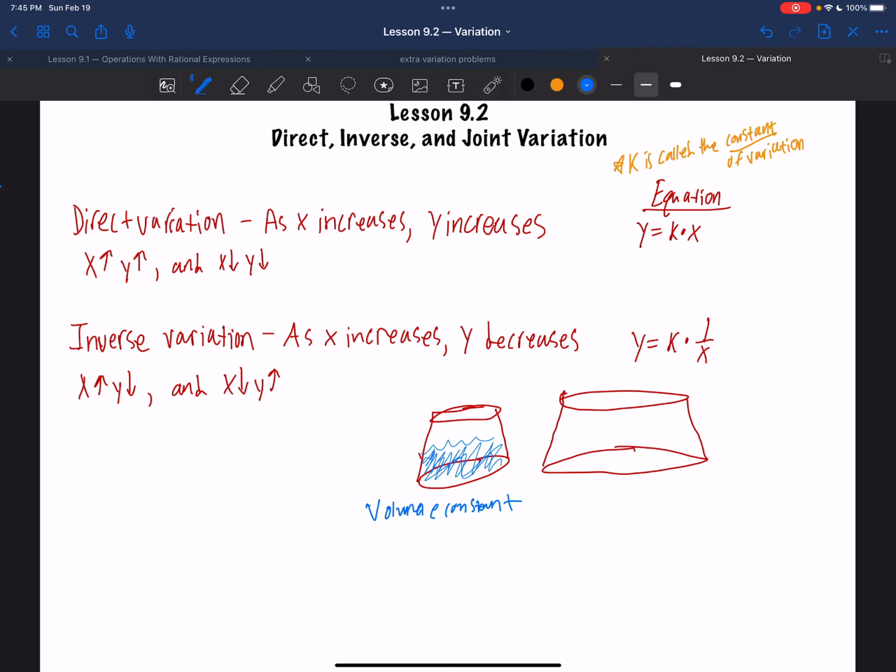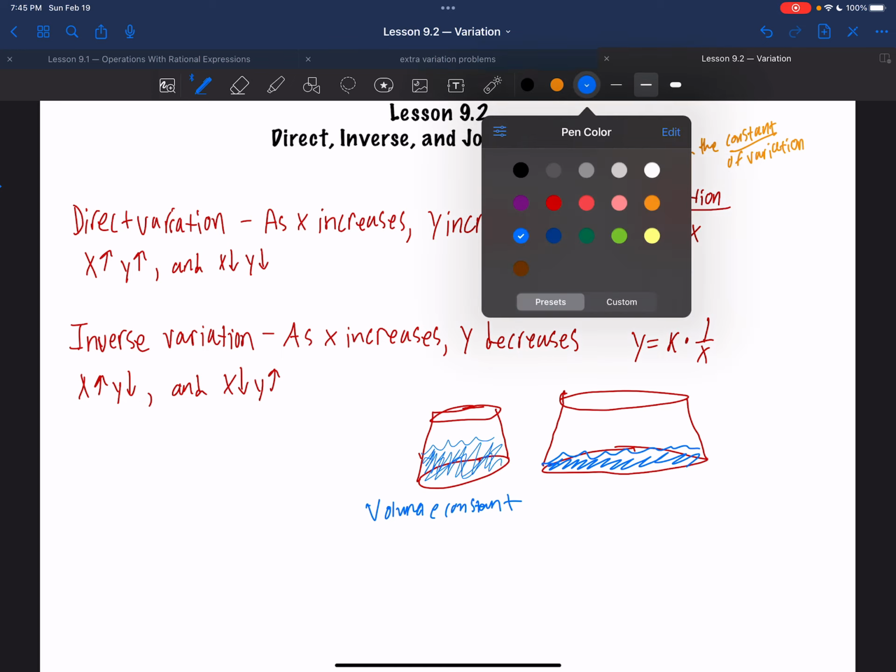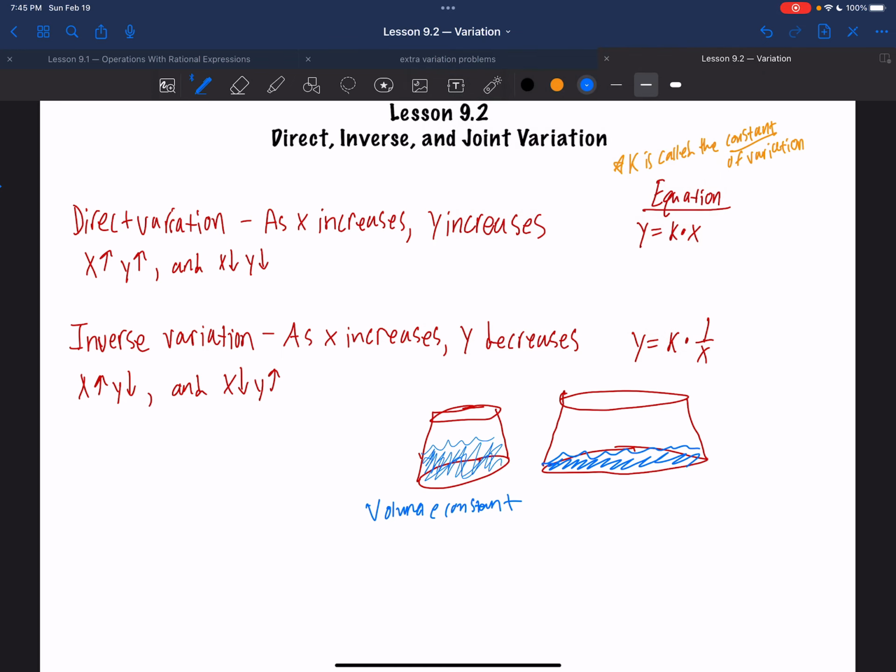Then naturally, because it has to fill up from the bottom, the water is going to be at a lower height, because we're assuming that the volume of the water is the same. So if I do this, here's what happened. The radius of this cylinder increased.